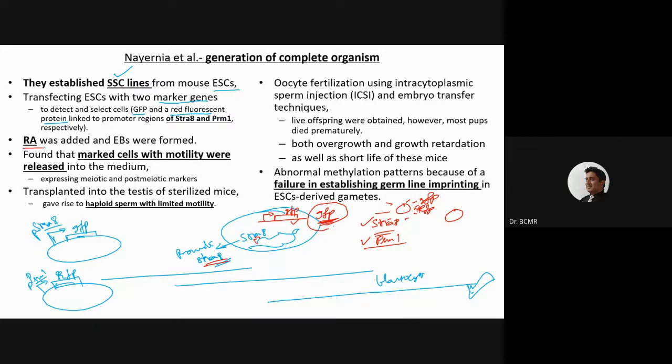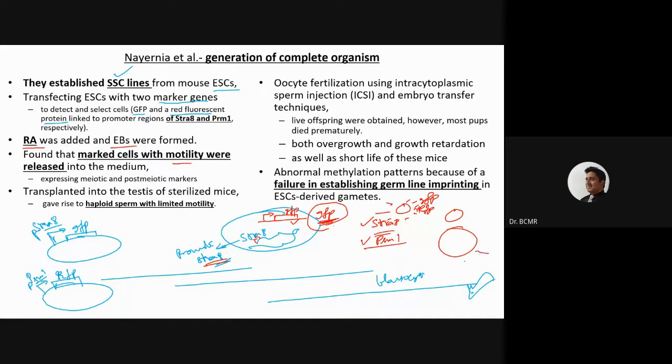So, similar strategy: retinoic acid was added to embryoid bodies. Embryoid bodies are formed, and then some cells were found with motility, coming out of the embryoid body.